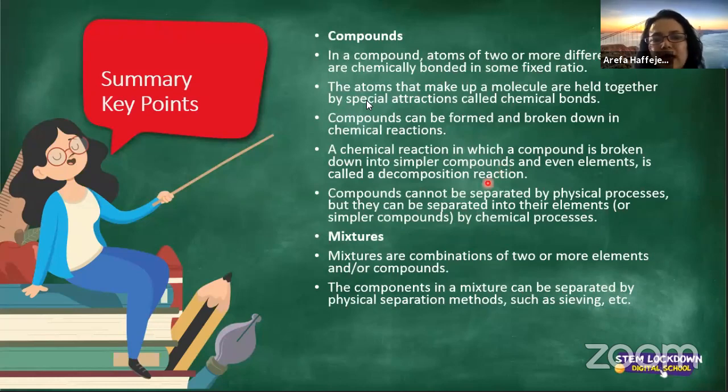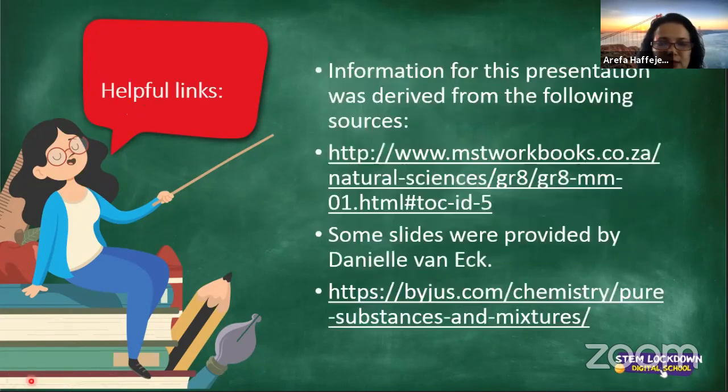Compounds cannot be separated by physical processes, but they can be separated into their elements through a chemical process. Mixtures are a combination of two or more elements or compounds, and the components of a mixture can be separated by physical separation methods such as sieving.